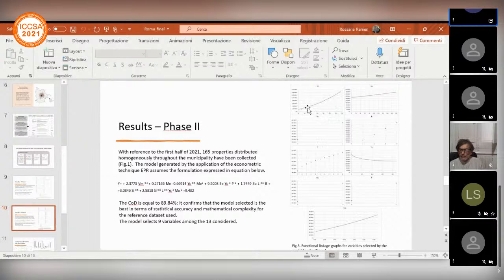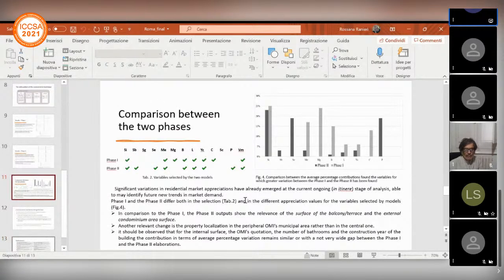We have a direct linkage, and the appreciation in percentile is quite the same, but we have the presence of the surface of the balcony with a direct linkage with the dependent variable, and also it's quite interesting to highlight that there's no preference for properties present in central areas, but there is a preference for properties that are located in peripheral areas.